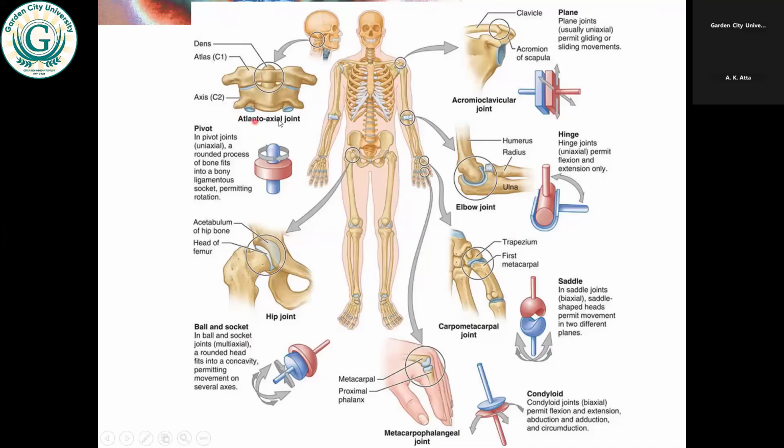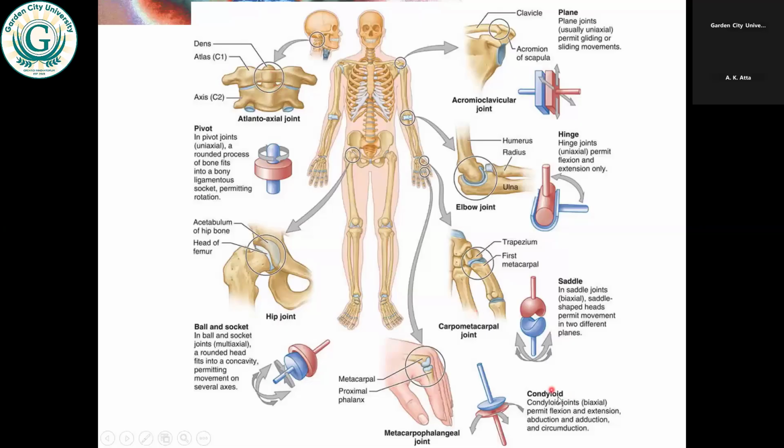Then if you look at the atlantoaxial joint, it is between the odontoid process of the axis and the atlas. That one is a pivot type of joint. This helps you to say no, the atlantoaxial joint.